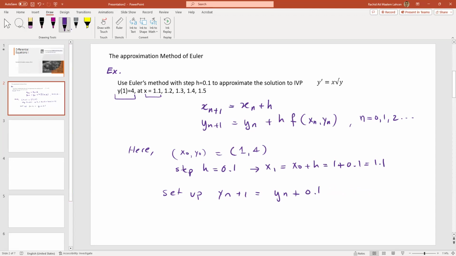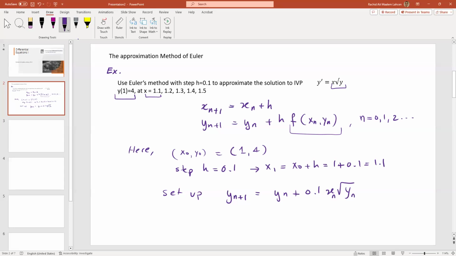Let's talk about what this f of xn, yn is. Of course, it's this: x square root of y, so we'll put xn square root of yn. So now that gives us this recursive equation to work with, and everything is known.